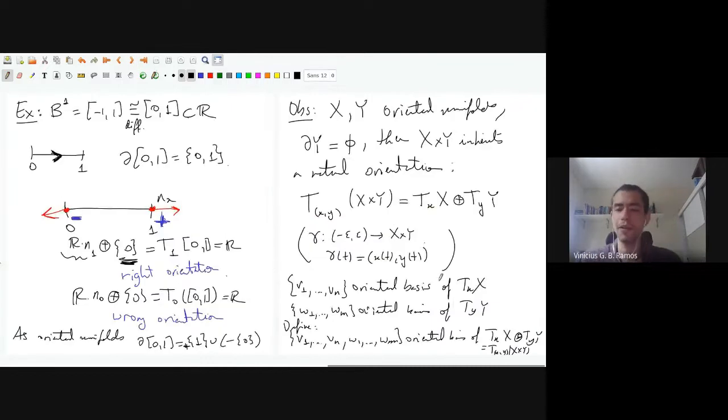Here, because the tangent space of the product is the direct sum of two vector spaces, this guy on the left has a natural orientation that just comes from this direct sum. So you put an oriented basis here, an oriented basis here, and that gives rise to an orientation on the direct sum, and hence on the tangent space of the product. Okay?